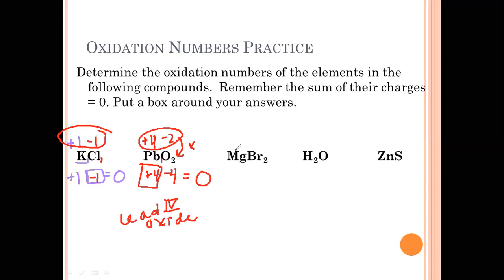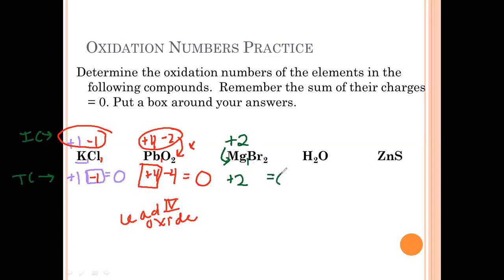Okay, next one, we have magnesium and bromine. If I look at bromine, bromine can have multiple charges. But if I look at magnesium, magnesium is always +2. So I'm going to multiply: +2 times 1 is +2. These are all the individual charges up top, and these are all the total charges on the bottom.